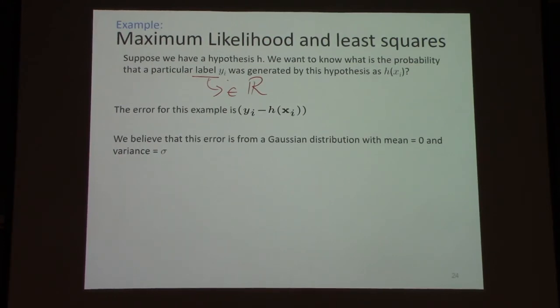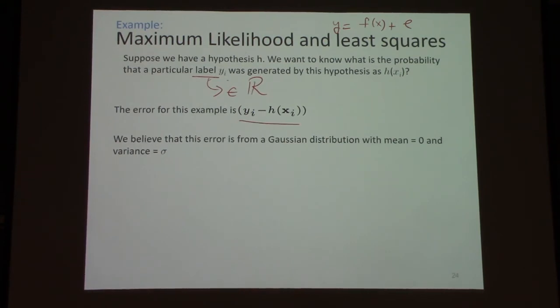If h was equal to f, remember that y is f of x plus some error. So if the true function f is the hypothesis that we have at hand, then the error for this particular hypothesis would be y minus h of x.